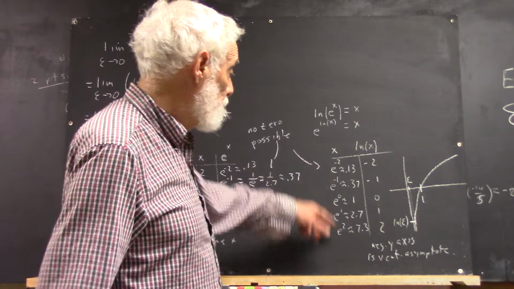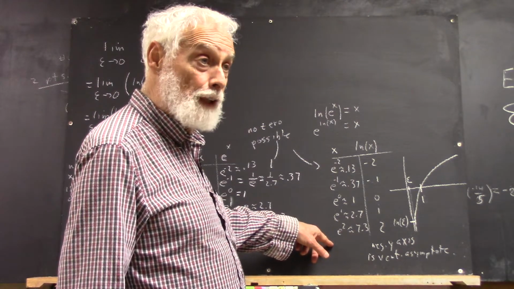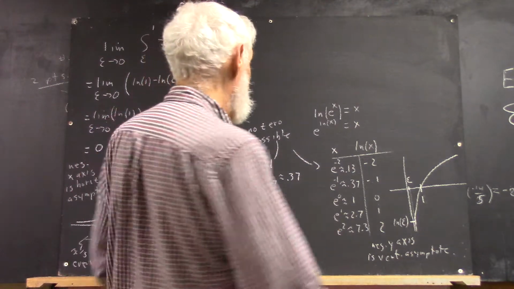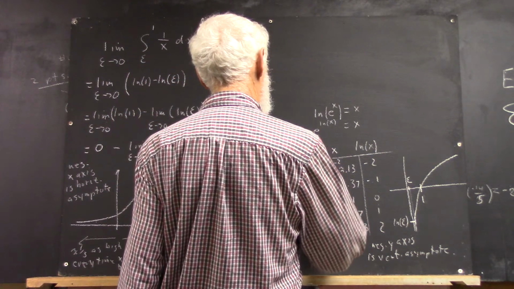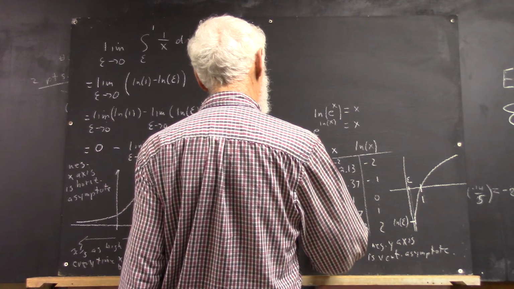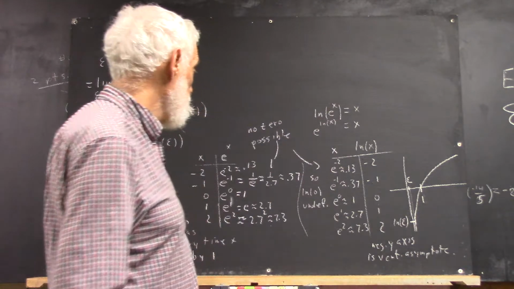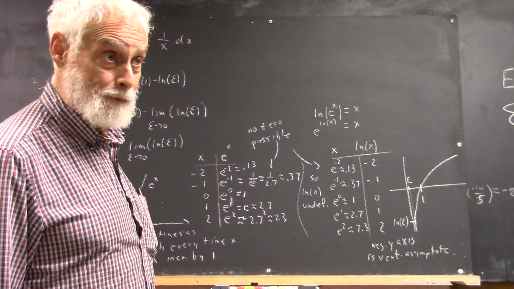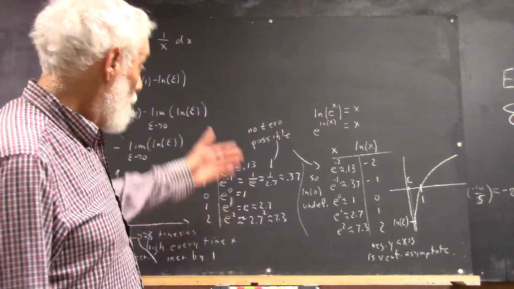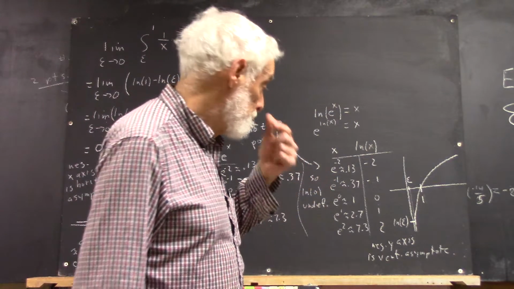And the fact there's no 0 here means 0 isn't in the domain. The natural log is not defined at 0. It's not undefined because of anything it does. It's undefined because there's no 0 in the e to the x values. And the values of e to the x become the x values for the natural log.